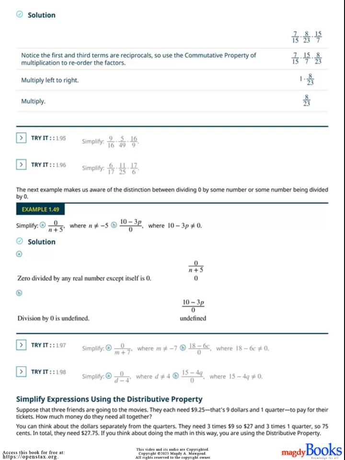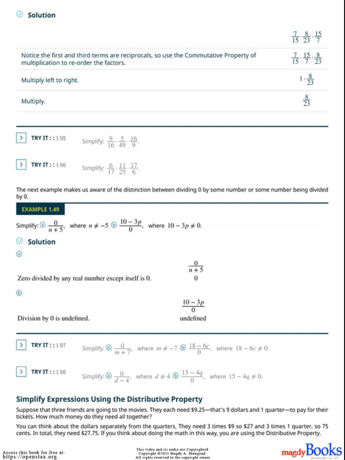Try it 1.97. Simplify. A. 0 over m plus 7, where m does not equal negative 7. B. 18 minus 6c, all divided by 0, where 18 minus 6c does not equal 0.